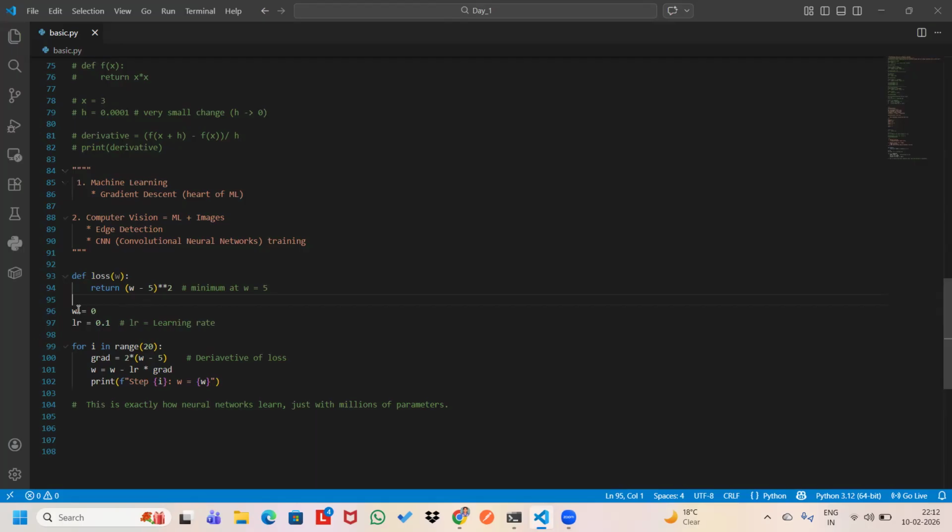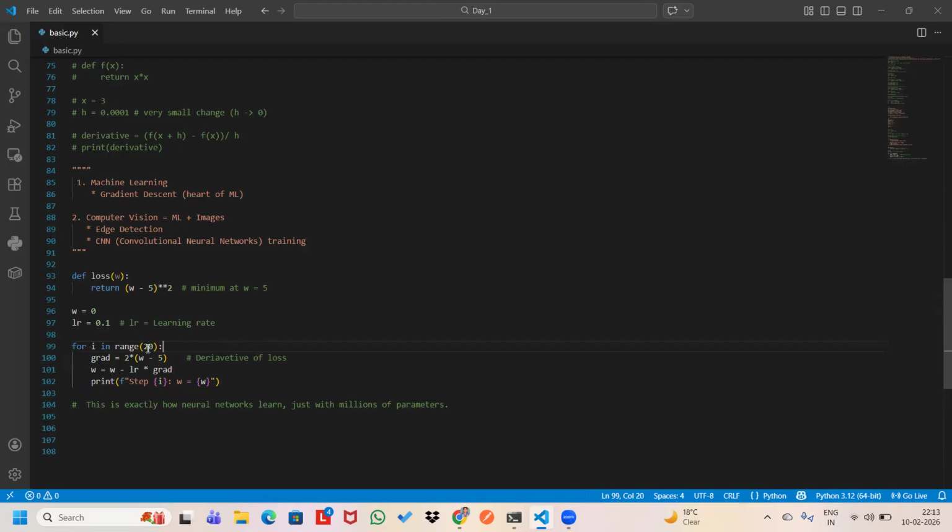Right now I'm putting W as 0 and learning rate as 0.1. Then I want to perform iteration. This is my iteration. I have decided a range; it will start with 0 and end at 19, because whenever we take a range, it will take the lower bound but not the upper bound.